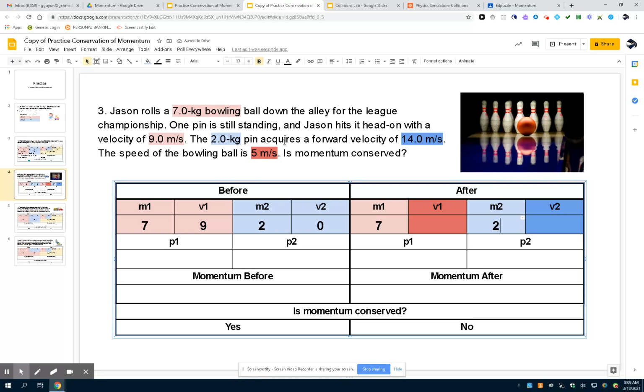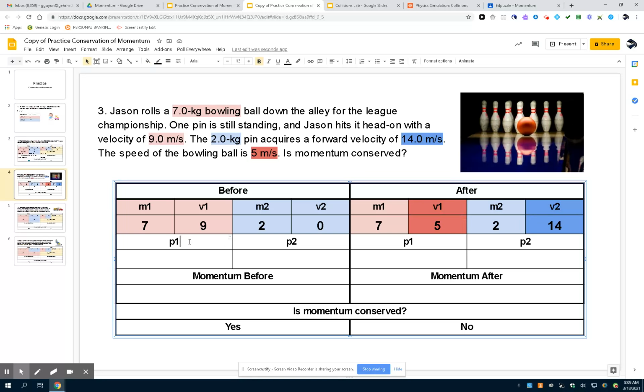After they hit, it says the pin acquires a forward velocity of 14 meters per second. So now that pin, which was our blue area, is now moving at 14 meters per second. And the bowling ball is moving at 5. So it makes sense. The bowling ball was moving fast, and then after it hit the pin, it slowed down. And the pin wasn't moving at all, but after the bowling ball hit it, it went flying.